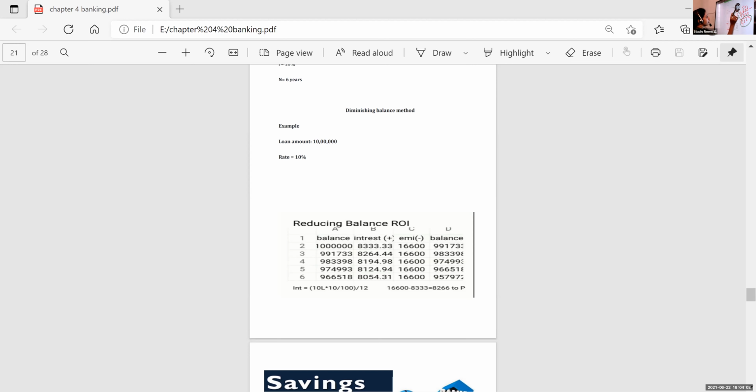To calculate the interest amount for the next month, we reduce this principal portion. 8,267 has been the portion of principal from 10 lakhs. 10 lakh minus 8,267, when 8,267 is reduced from 10 lakhs, you get 9,91,733.